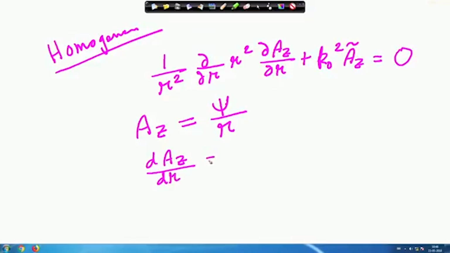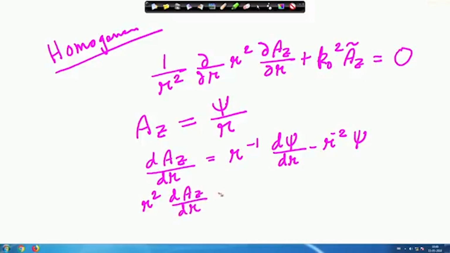So, dz dr will be, this is simple mathematics, you will be able to do on your own.